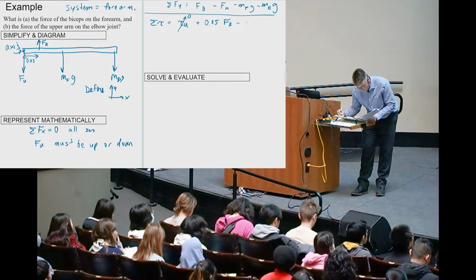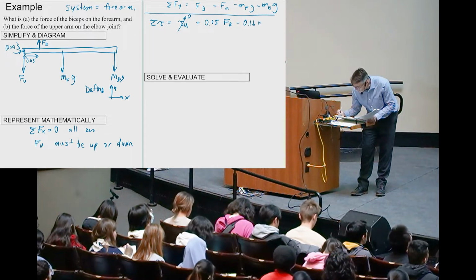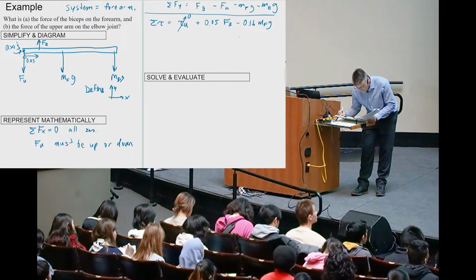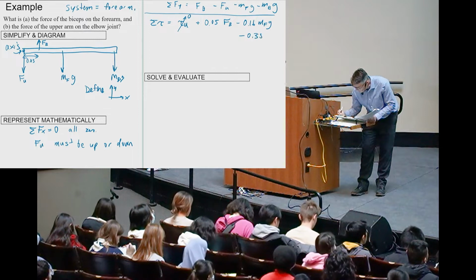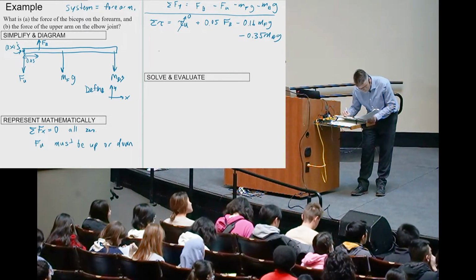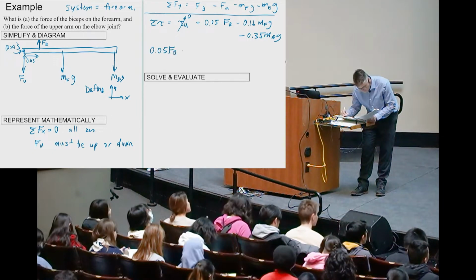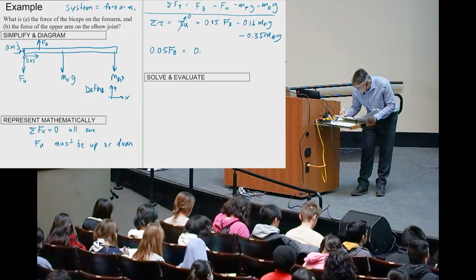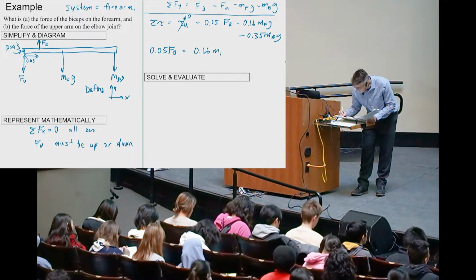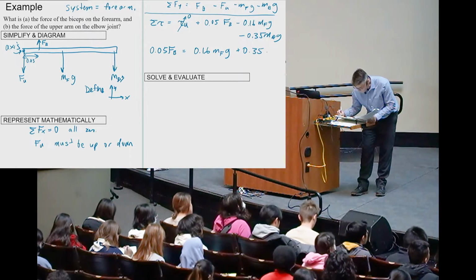These are both clockwise torques, so I'll put them as minuses: 0.16 times the mass of the forearm times G, minus 0.35 times the mass of the ball times G. And this is what will give you the answer. So you do 0.05 times the force you want equals 0.16 times the mass of the forearm times G plus 0.35 times the mass of the ball times G.